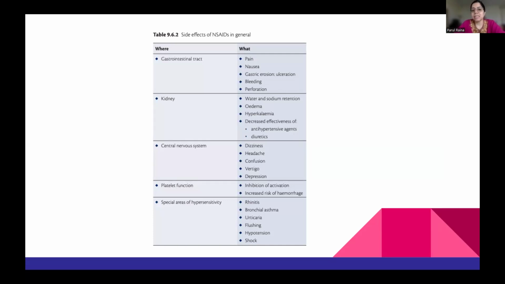In the CNS, it can lead to vertigo, dizziness, headache, and it can also lead to inhibition of platelet activation, which is reversible, whereas with aspirin it is an irreversible inhibition of platelet activation. And in special areas of hypersensitivity, it can also lead to rhinitis, bronchial asthma, flushing, hypotension, and also shock.